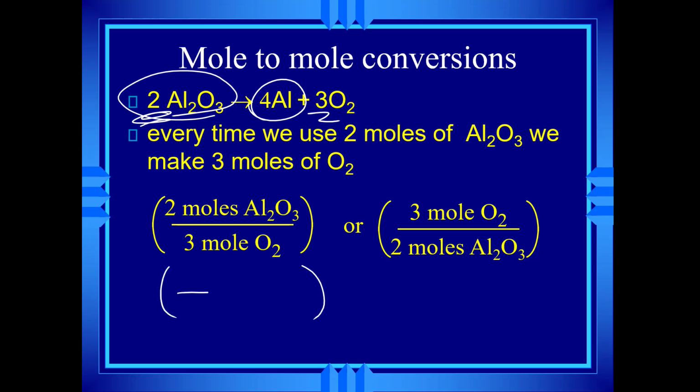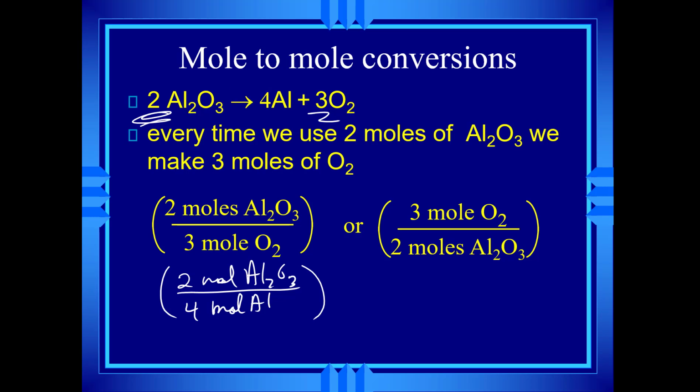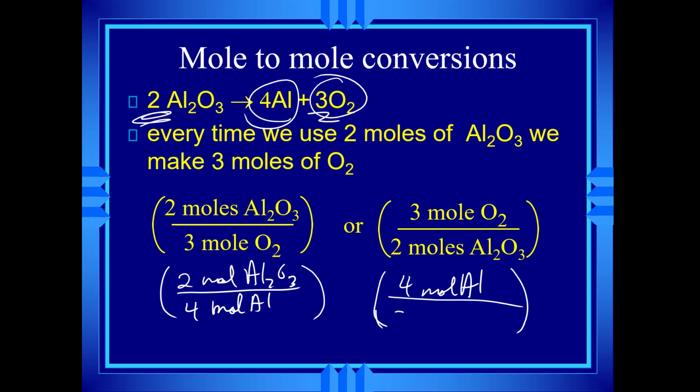I could say for every 2 moles of Al2O3, I make 4 moles of Al. And I can flip that over. Or I could compare the Al and the O2. Because every time I make 4 moles of Al, I also make 3 moles of O2.